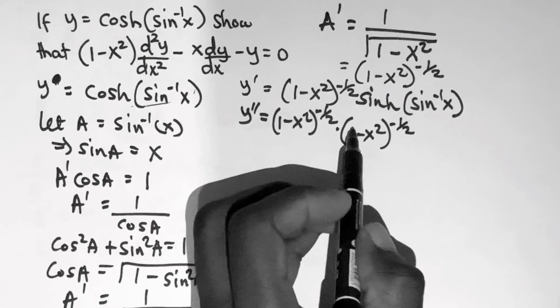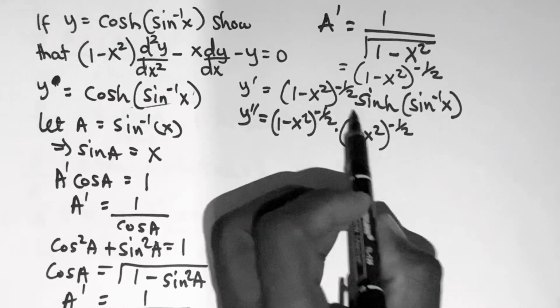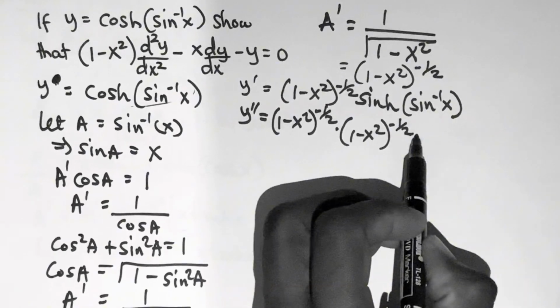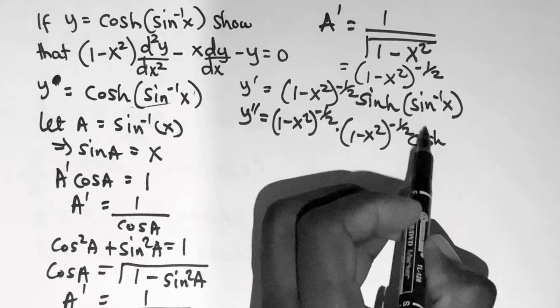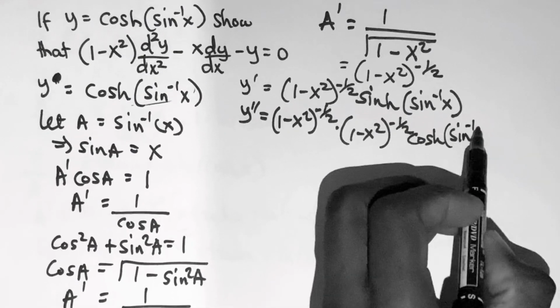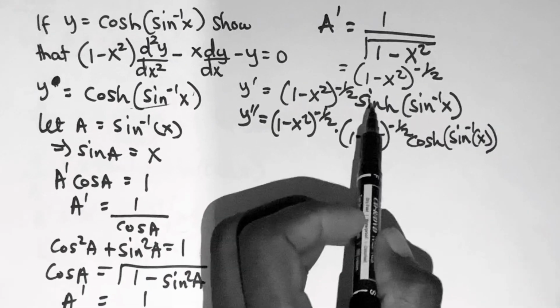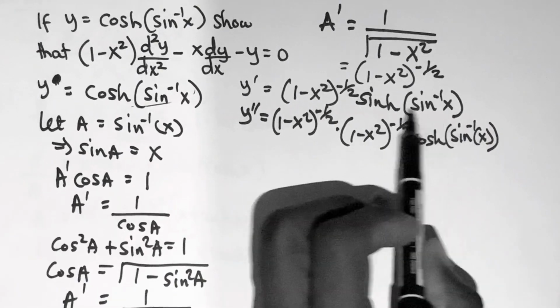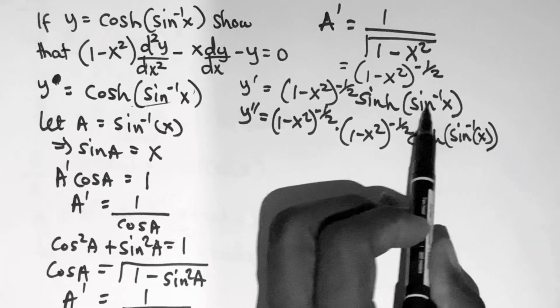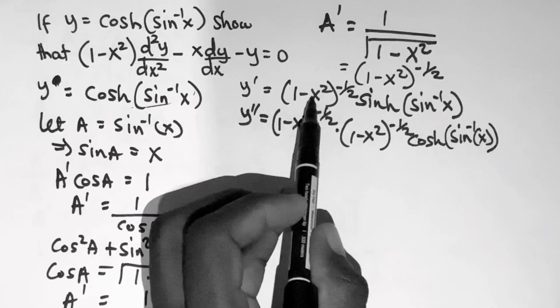And then if you differentiate hyperbolic sine, you get the hyperbolic cos, so cosh of sine inverse of x. And then you keep sine inverse of x constant, and you differentiate this function.